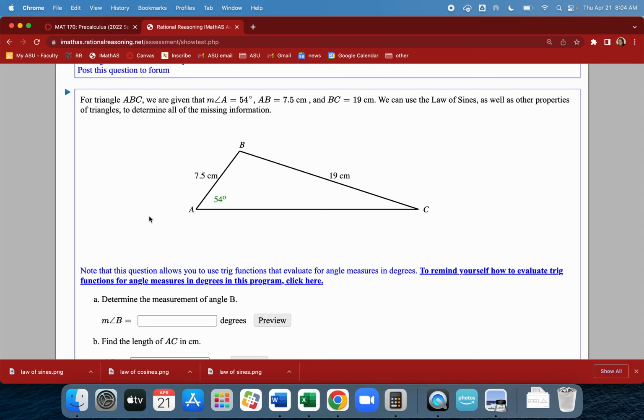And so to solve, cross multiply, and then divide by 19. So I'd get this sine times that equals 19 times sine of C. So I'll write 7.5 sine of 54 degrees equals 19 times the sine of C. And we're going to want C in degrees, so just keep that in mind as you're working through this.